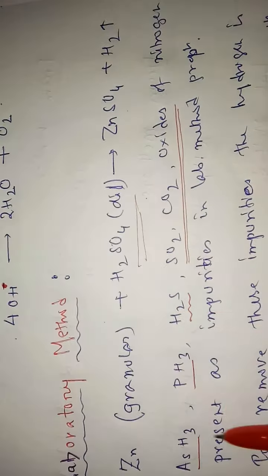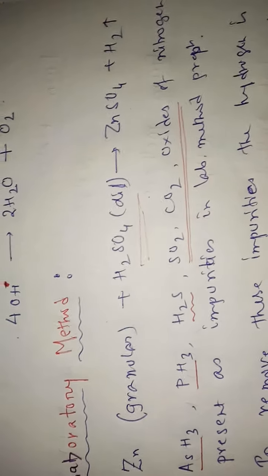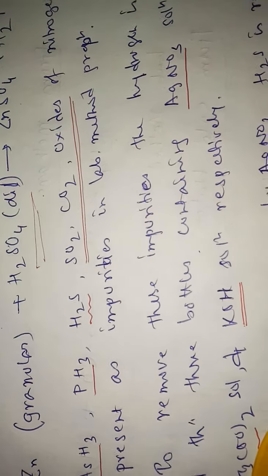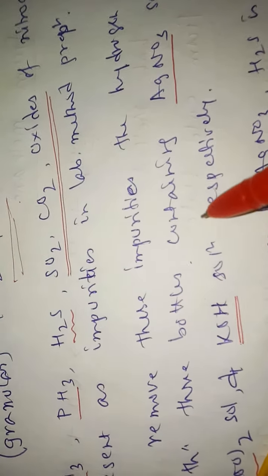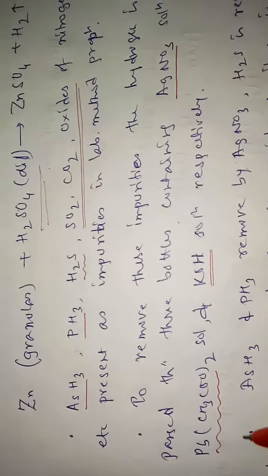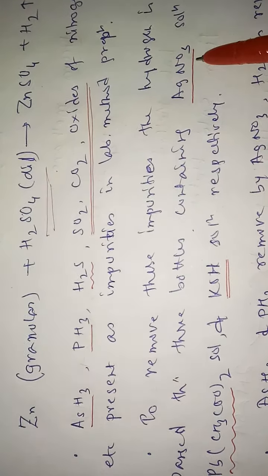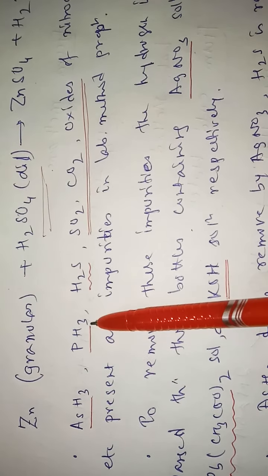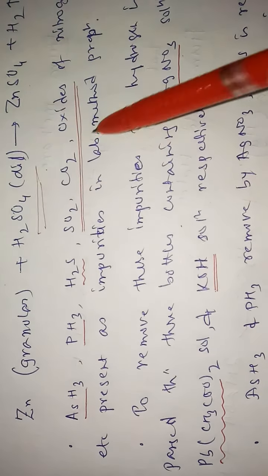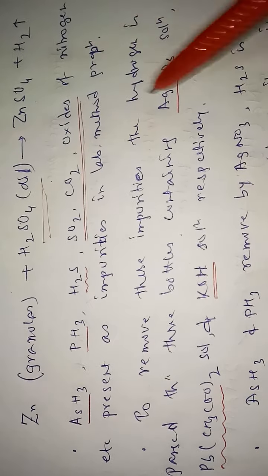Now for removing those impurities, we have to pass the product formed through 3 bottles containing silver nitrate solution, then lead acetate solution, then potassium hydroxide solution respectively. Silver nitrate solution removes the AsH3 and PH3, then lead acetate solution removes the H2S, and KOH solution removes the rest: sulfur dioxide, carbon dioxide, and oxides of nitrogen.